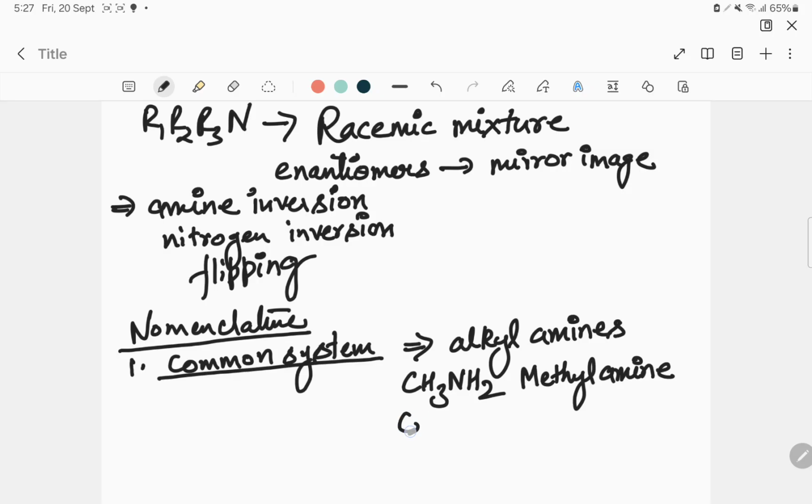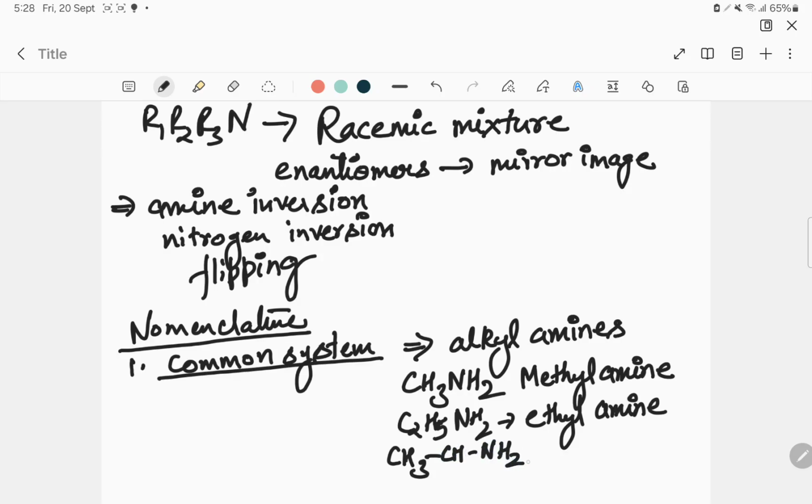Or we have C2H5NH2, ethylamine. And if we have CH3, this is also going to be known as isopropyl.